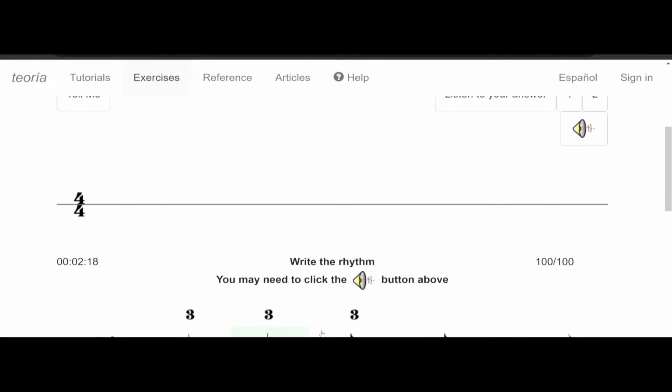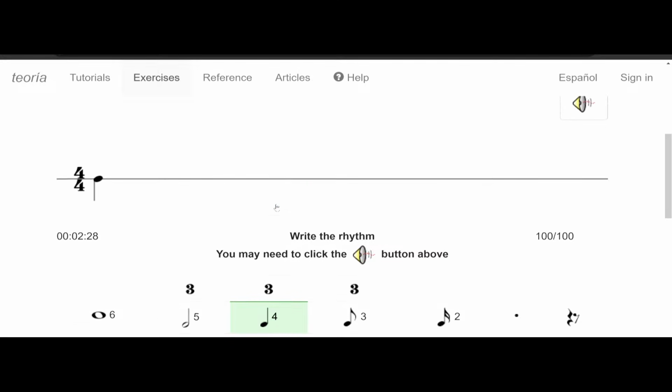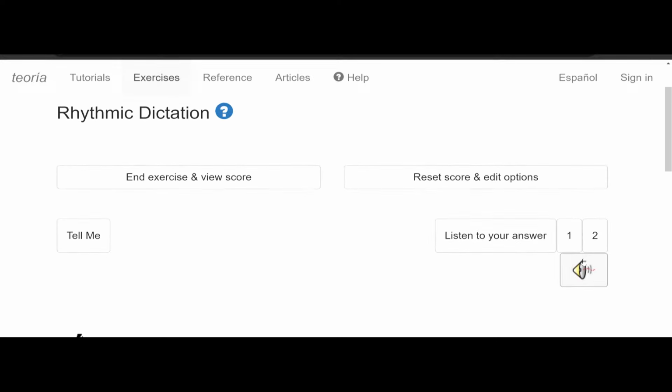All right, did you catch it? It was bum, bum, bum, bum. So definitely 4 quarter notes in that first measure. So we're going to do 4 of those. 1, wait, where's the answer? Oh, here it is. 1, 2, 3, 4. I think there's maybe eighth notes after that, but let's listen again.